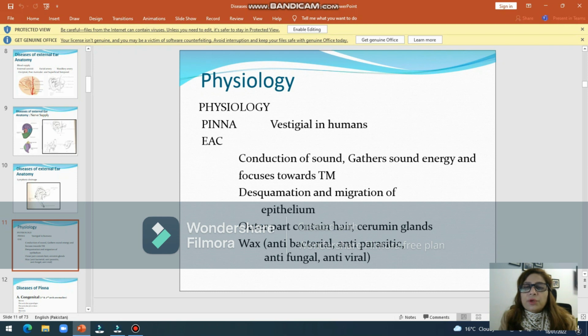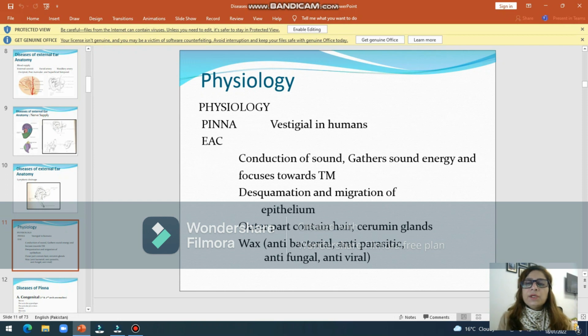The outer part of the tympanic membrane is keratinized squamous epithelium, so there is always desquamation of the epithelium. Naturally there is migration of these cells through the posterior wall of the external auditory canal.